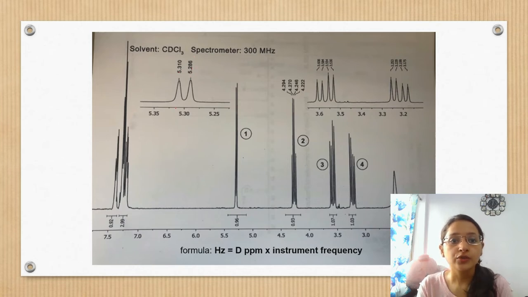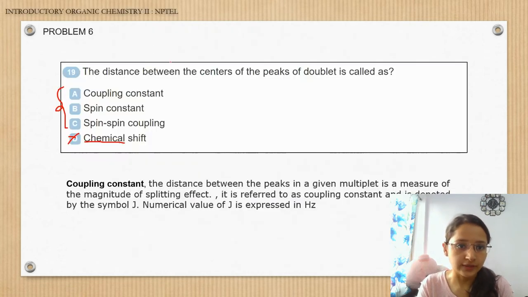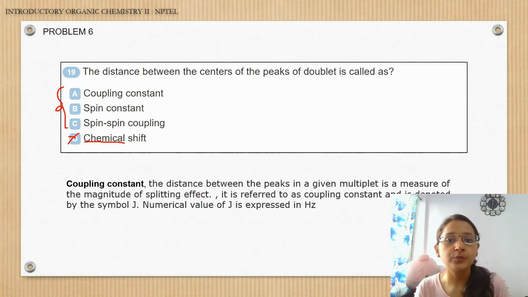The coupling constant is the distance between the peaks in a given multiplet and is a measure of the magnitude of the splitting effect. Splitting causes a peak to form a doublet, and the distance between these two peaks is known as the coupling constant.